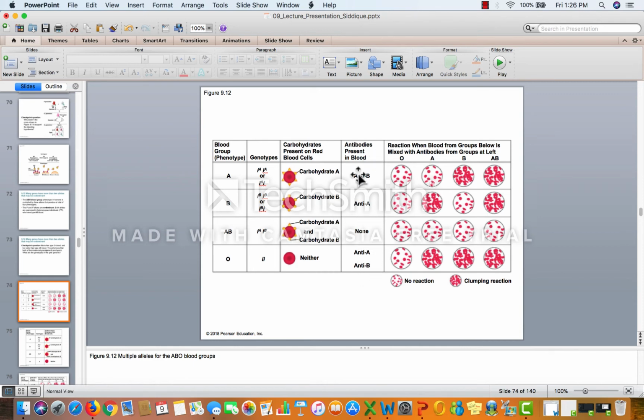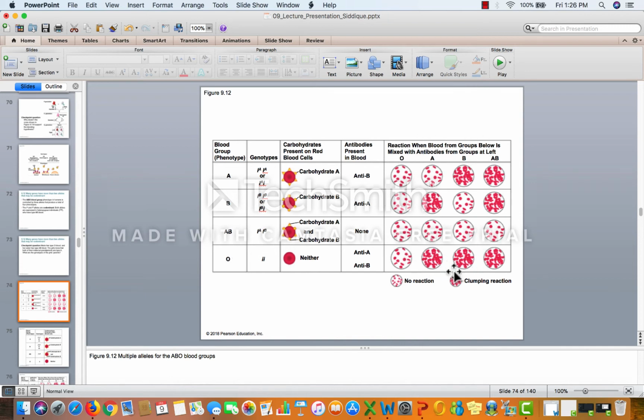So you will produce naturally, and you'll memorize this later on anyway. But if you have antibodies for type A blood, you have anti-B. For type B blood is anti-A. For antibodies for AB, you have none. That's why you're the universal recipient. And then type O, O negative specifically, you're the universal donor, right? We love you guys because you basically can donate to everyone.